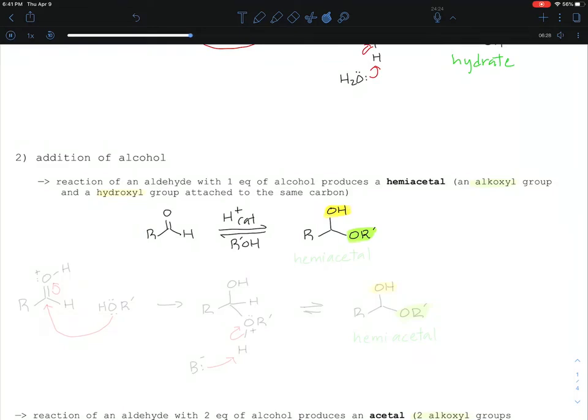This thing is called a hemiacetal. Hemi means half. A hemiacetal has an alkoxyl group, that's this green group right here, and a hydroxyl group, highlighted in yellow, attached to the same carbon.